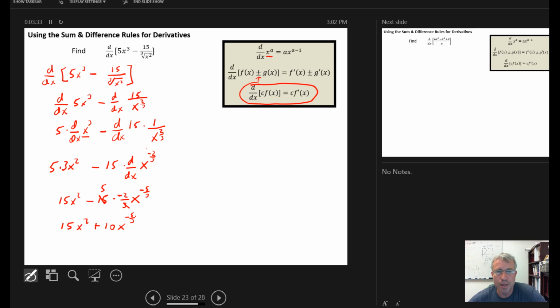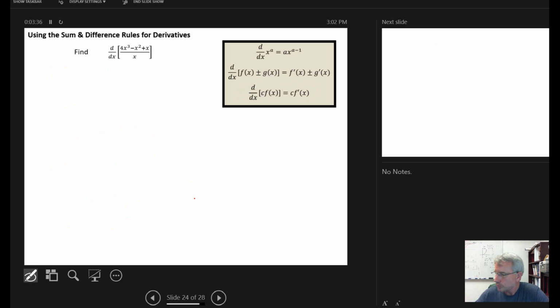So I have one more example. This one says take d dx of 4x cubed minus x squared plus x all over x. So a common strategy when you have a monomial in the denominator is to break it into individual fractions.